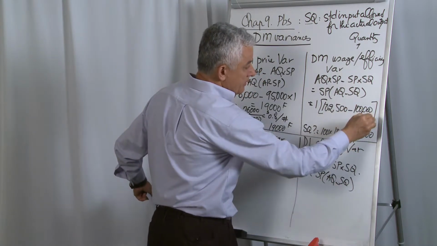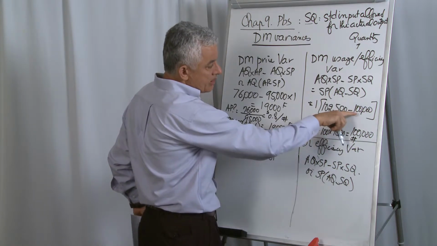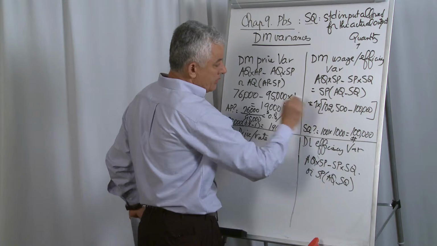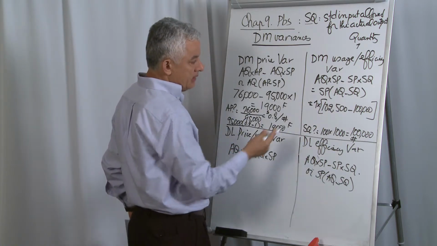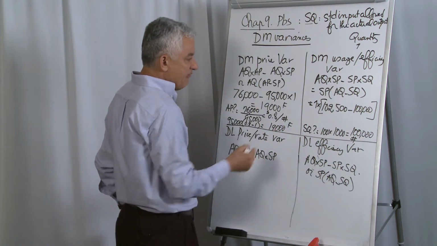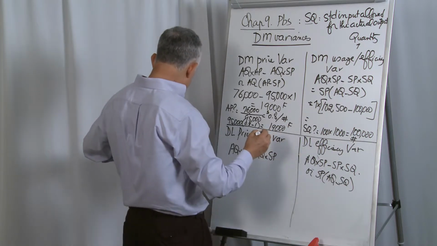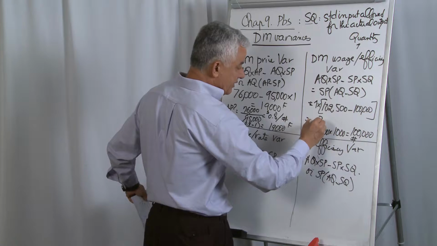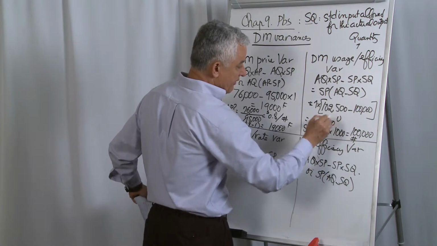Clearly, we used more than what the budget calls for, which is how we get our unfavorable variance: 2,500 unfavorable.